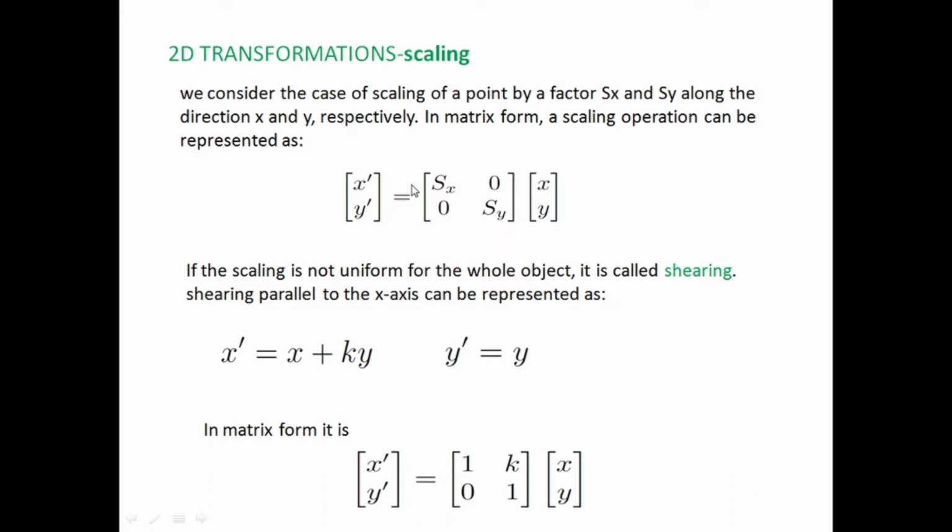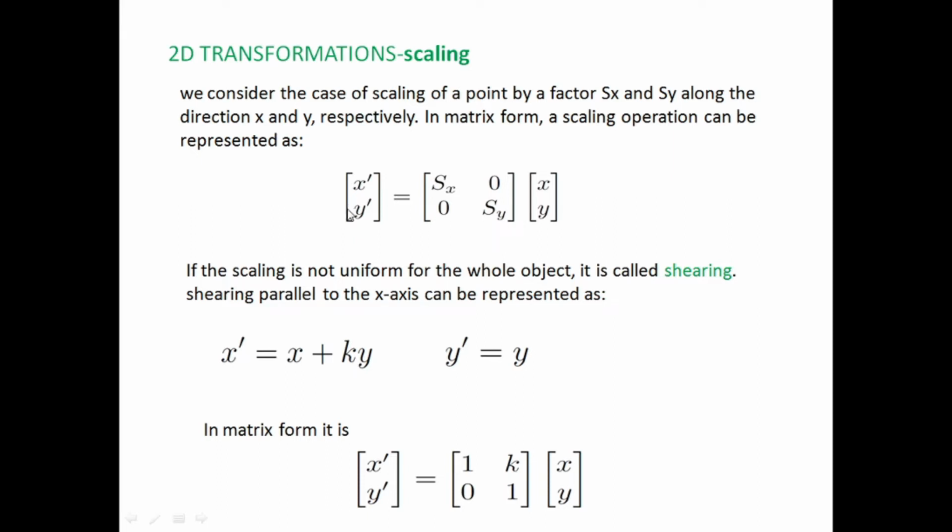That means I can write that x dash is equal to sx into x, y dash equal to sy into y. That means both the original x coordinate as well as the y coordinate underwent some scaling. Some scaling is multiplied with x and with original y. Ultimately, I have got a new coordinate. So this is about the scaling.